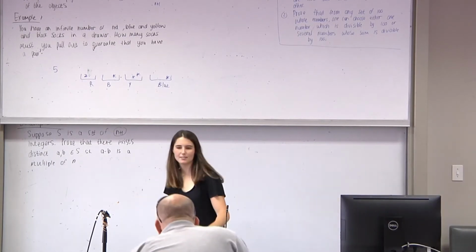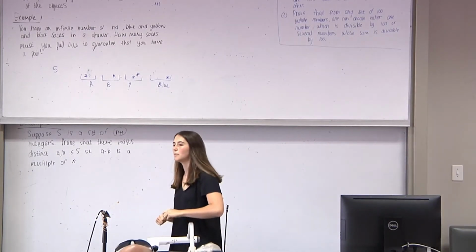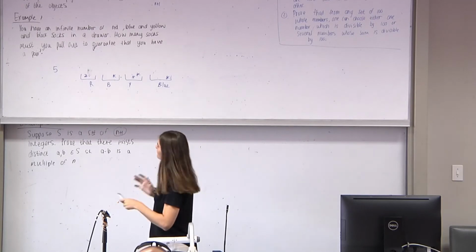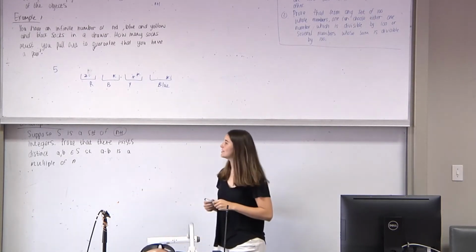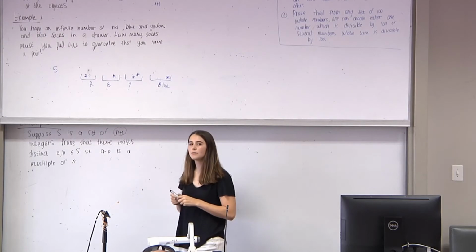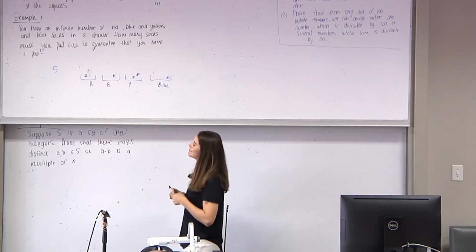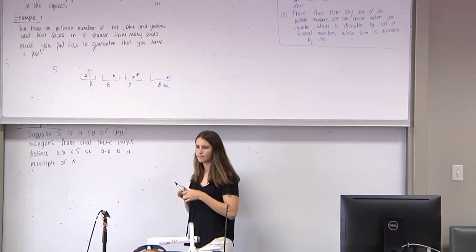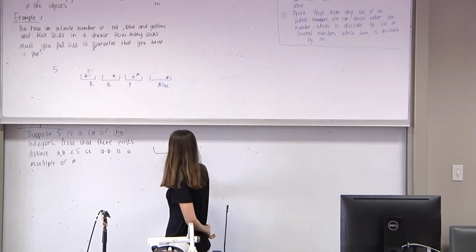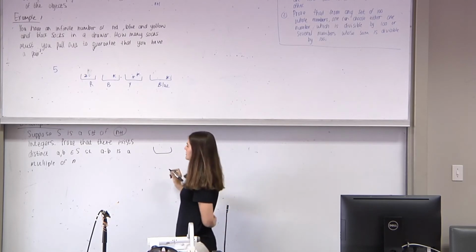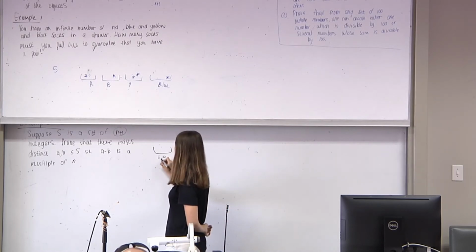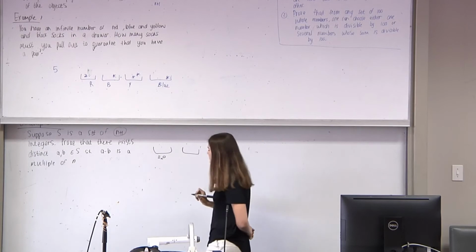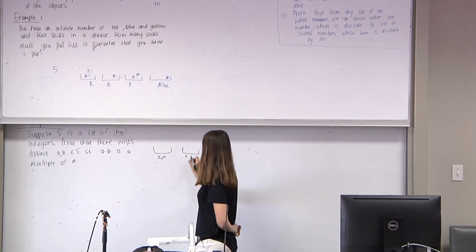Any other ideas? Multiples of n. Almost. Also close. We're going to do it mod n. So we're going to create this box for all the elements that are congruent to 0 mod n. This box is for all the elements that are congruent to 1 mod n.